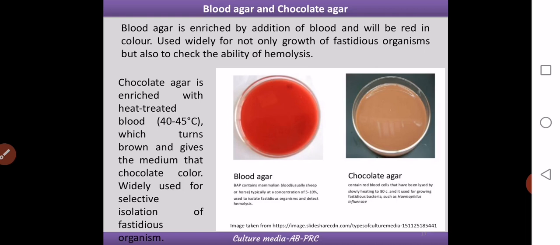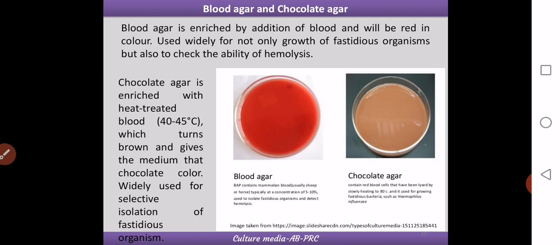Used for the cultivation of fastidious organisms and also helpful to check the pattern of hemolysis. Hemolysis means the breakdown of the RBCs, that leads to a clear zone formation. We will discuss that later in detail.